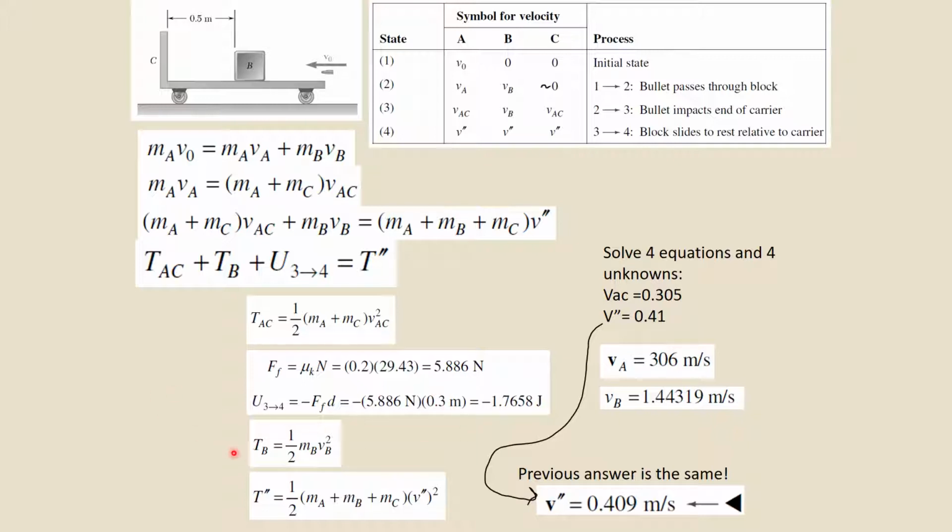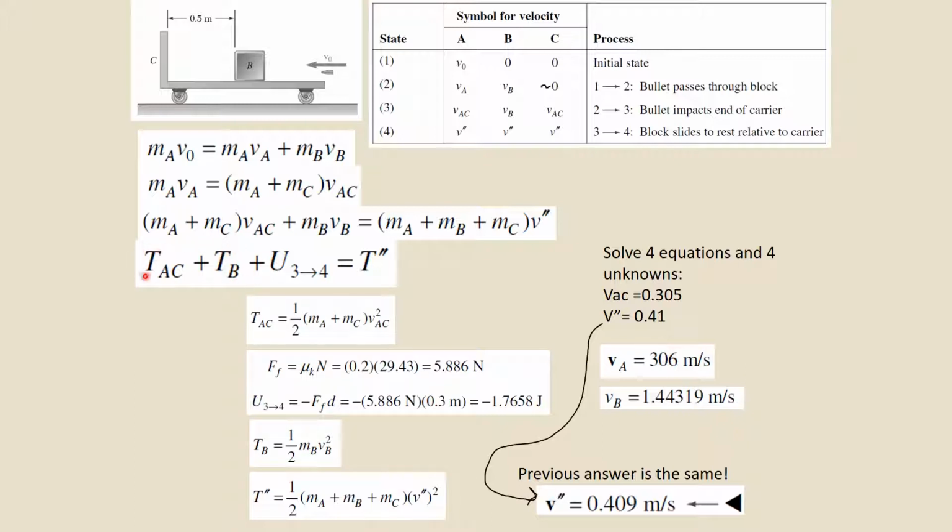And then we have final energy coming out of it. So all the masses smushed together with the velocity, and you're going to have to figure out what velocities are going into this. So for the energy balance equation, instead of just having the kinetic energy of one little particle, you have to add together everything that's happening in your system. So you have the kinetic energy of the bullet and the carrier together, the kinetic energy of the block.